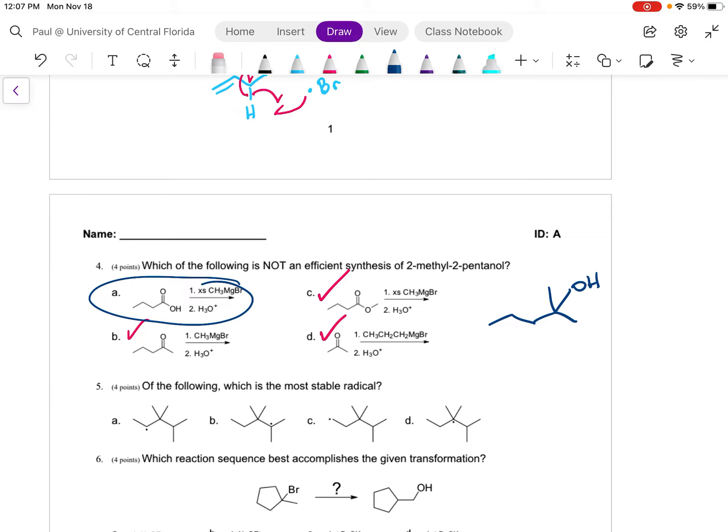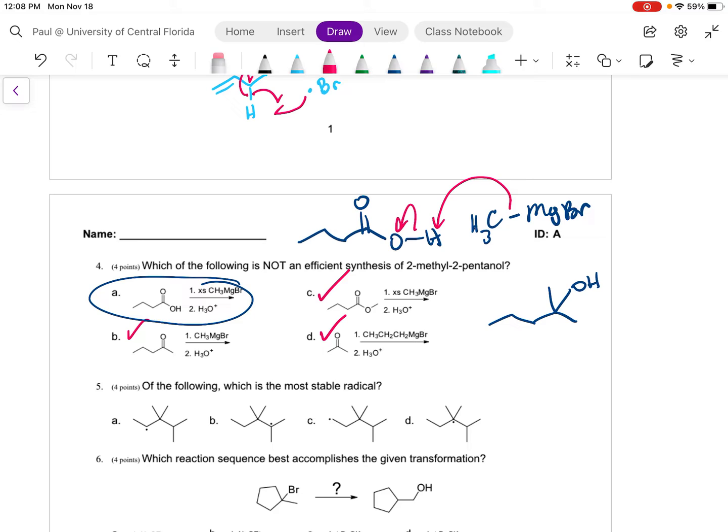Why will that not work? Because Grignard reagents are very sensitive to water and acid. And so if you have a carboxylic acid and you treat that with a Grignard, which looks like this, the first thing that Grignard's going to do is come and grab that acidic proton.